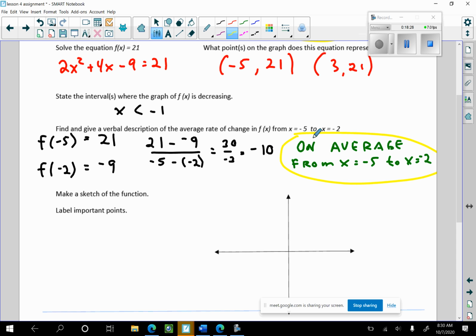Does f of x increase or decrease on average? It decreases because the average rate of change is negative. So f of x decreases 10 y units per x unit.